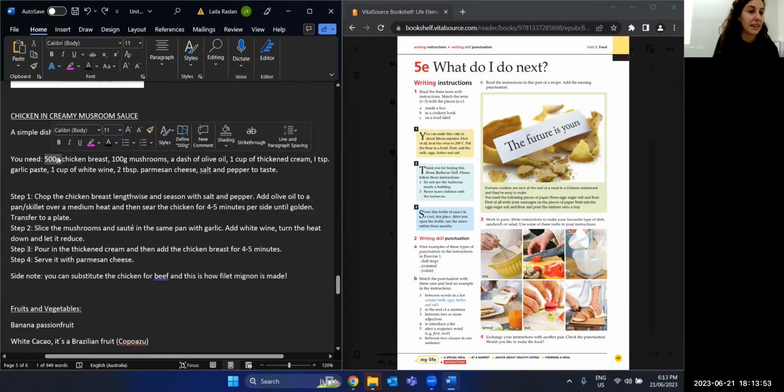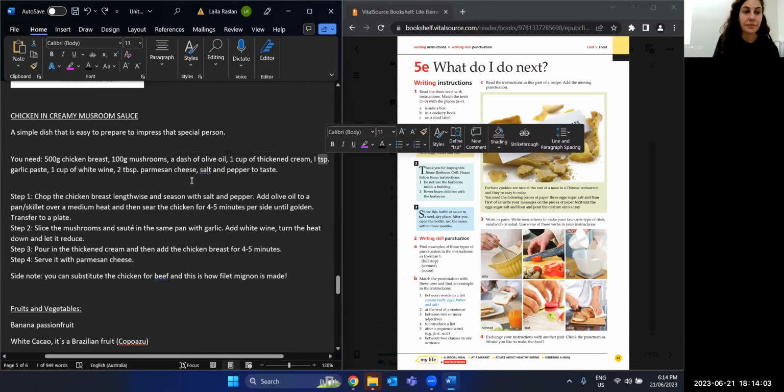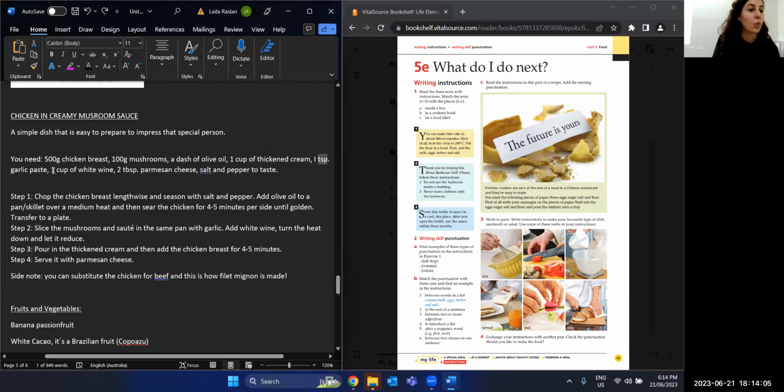Remember the number in the beginning. 100 grams mushroom. A dash of olive oil. That means just a little bit. 1 cup of thickened cream. 1 teaspoon garlic paste. 1 cup of white wine. 2 tablespoons Parmesan cheese, salt and pepper to taste.